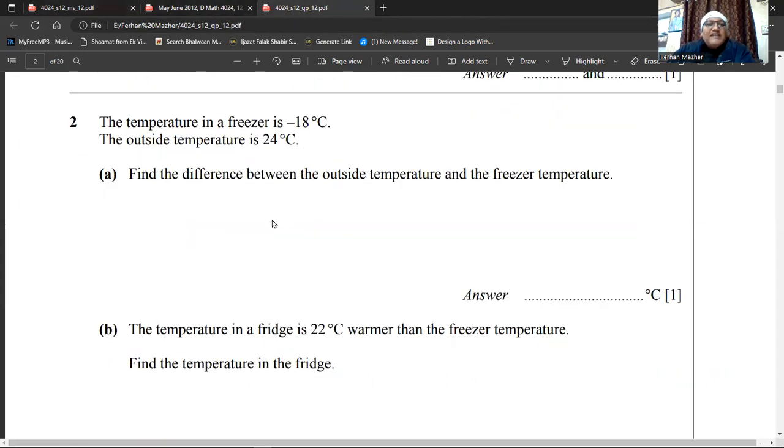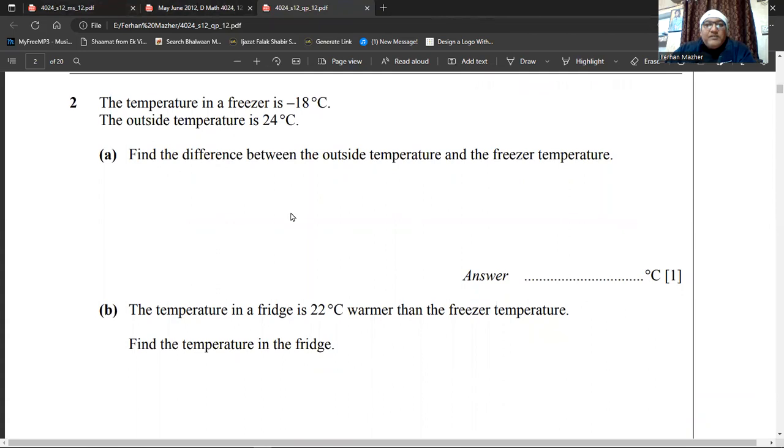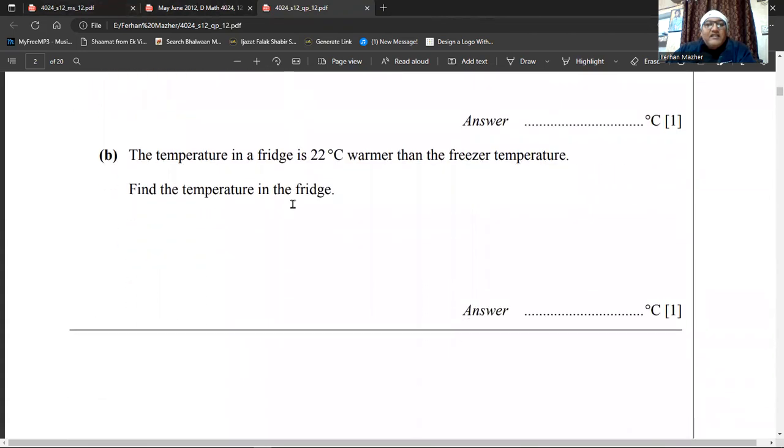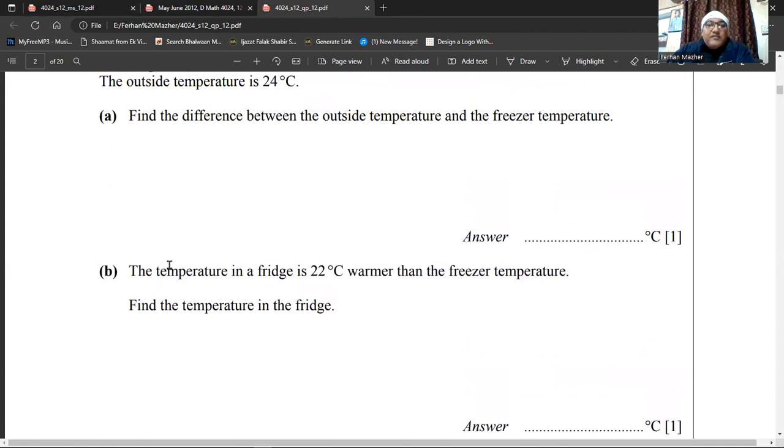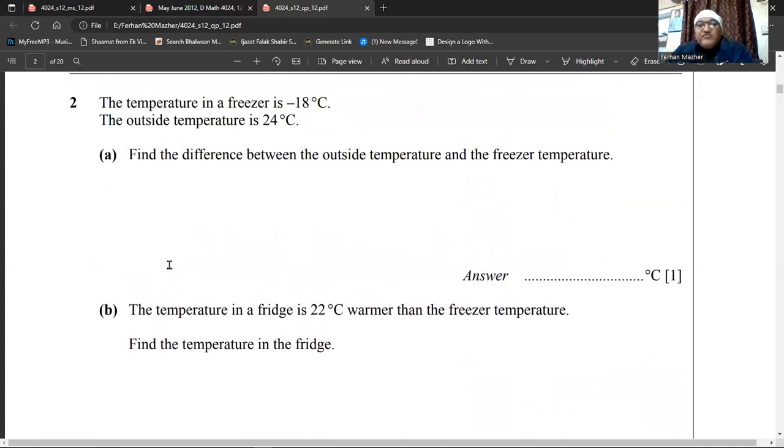Then question number 2, B part, a 1-mark question. The temperature in a fridge is 22 degrees centigrade warmer than the freezer temperature. The freezer temperature is minus 18, and if you add 22 to it, you will get the temperature of the fridge.